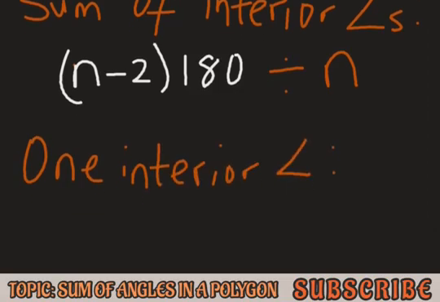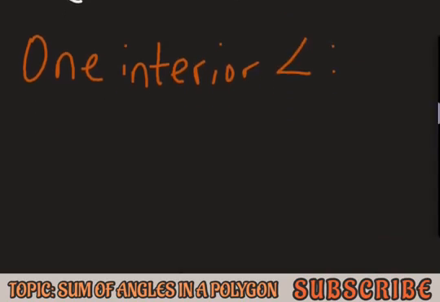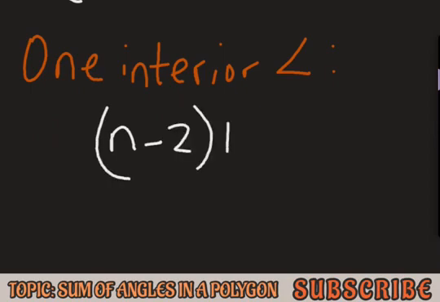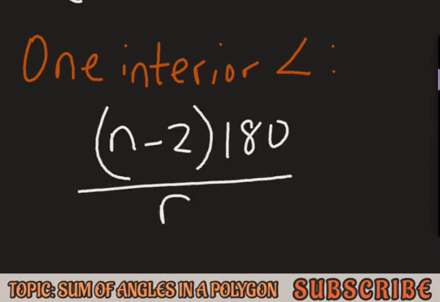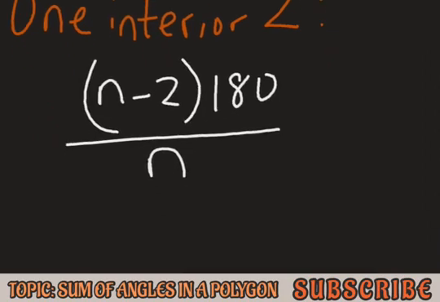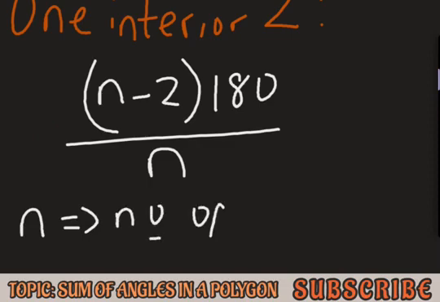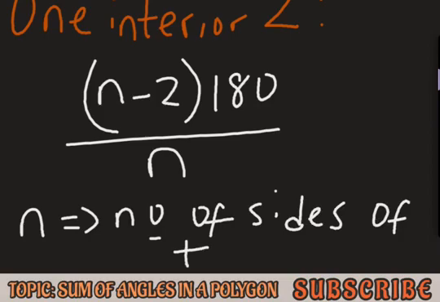So one interior angle will be (n minus 2) multiplied by 180, divided by n, where n is the number of sides of the polygon.